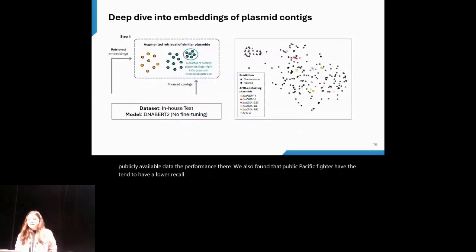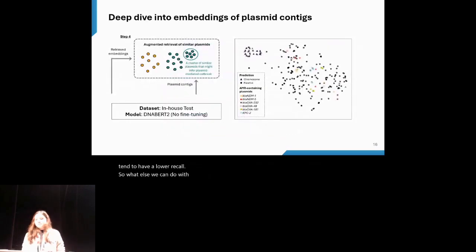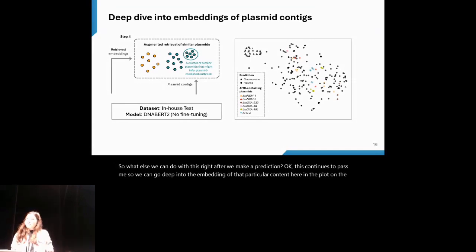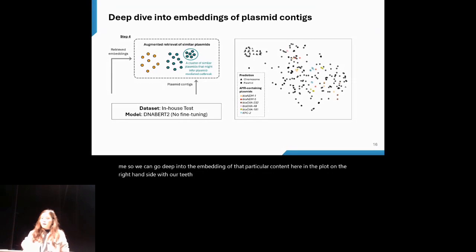So what else can we do with this, right? After we make a prediction, okay, this contig is a plasmid, we can dig into the embedding of that particular contig. Here in the plot on the right-hand side, we plot a t-SNE. One dot is one contig.